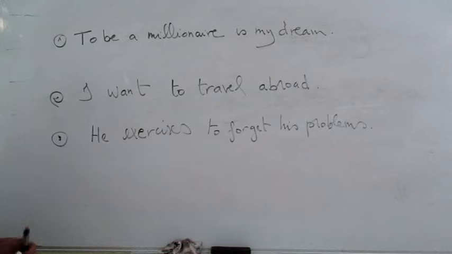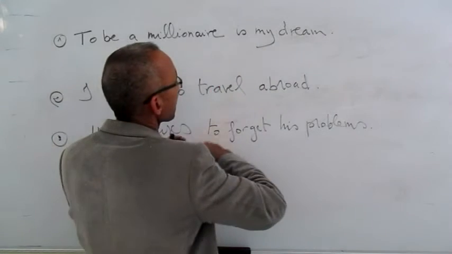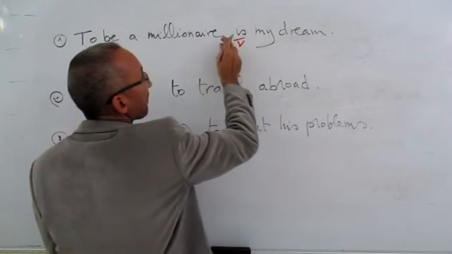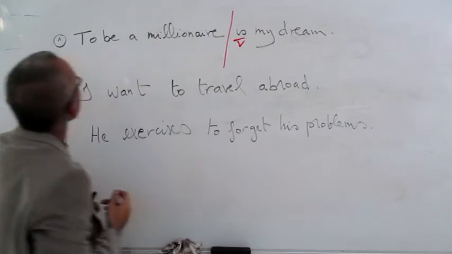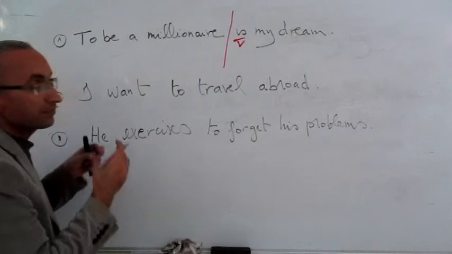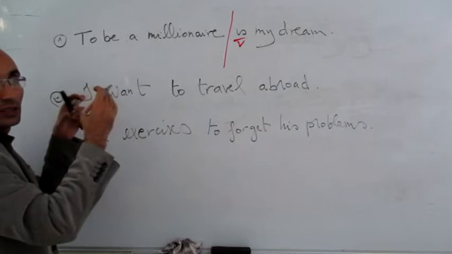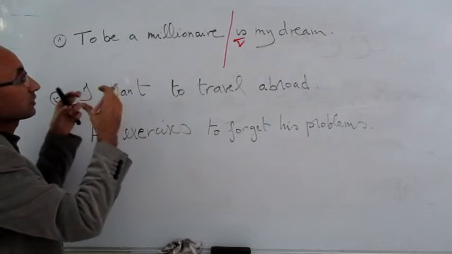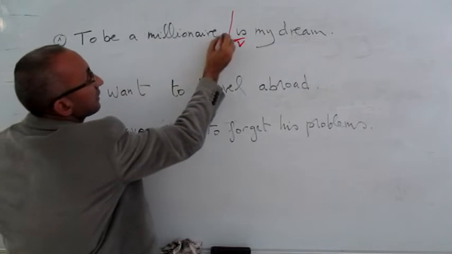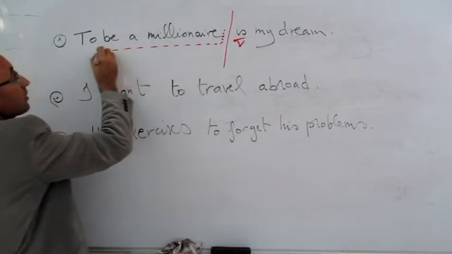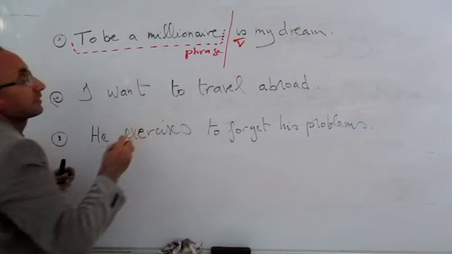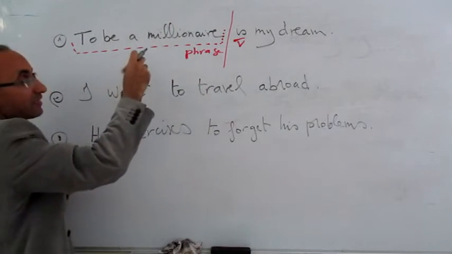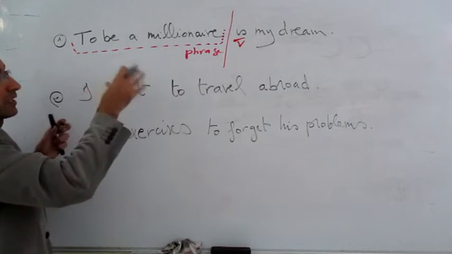Good. Here I have my first example: To be a millionaire is my dream. The verb is "is", so I put a slash here between my predicate and my subject. "To be a millionaire" is a structure which comes together and forms my first phrase, a group of related words that contains neither subject nor verb, but they come together.